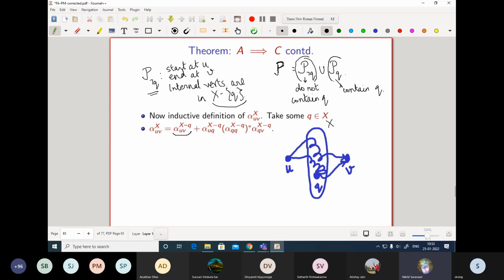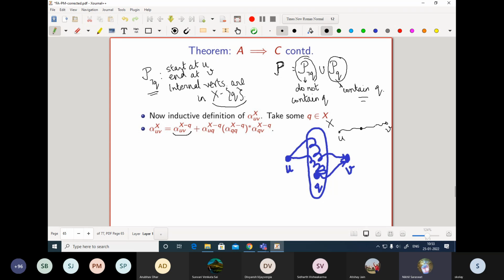Now we come to P_q, which contains q. Again we can break this into three parts. Any path from u to v in P_q looks in the following way.